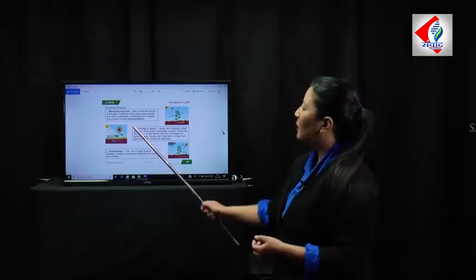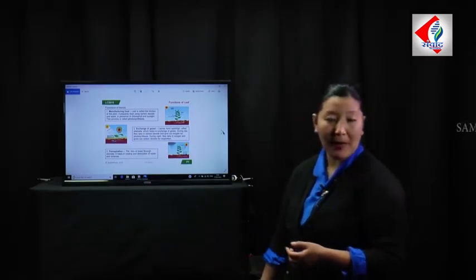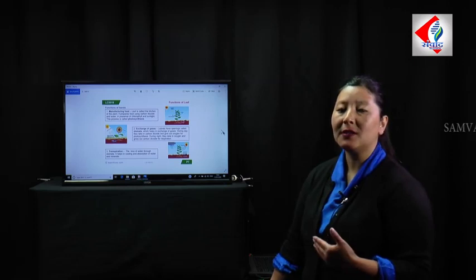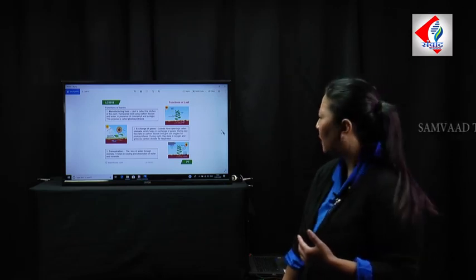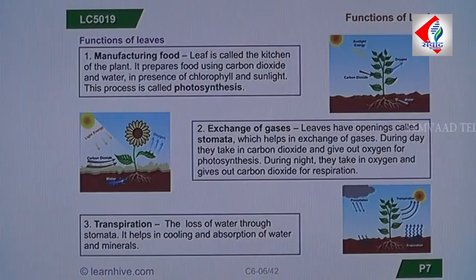Of course, all the parts of the plants are important, but one of the most important parts of the plant is the leaf. Let us try and understand why the leaf is so important. Number one, it helps in manufacturing food. It is also known as the food factory of the plant. If the leaf is known as the kitchen of the plant, it prepares food using carbon dioxide and water.